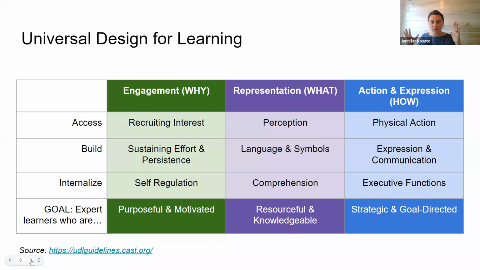So in the UDL framework, they talk about engagement, or the why of learning, and really, like that student motivation and connecting to the why, the representation, or the what of learning, and then finally the action and expression, or how students are learning. They have 3 kind of categories for each of those, like how are you creating access for students to access that learning opportunity, building skills in that area, and then internalizing those processes.